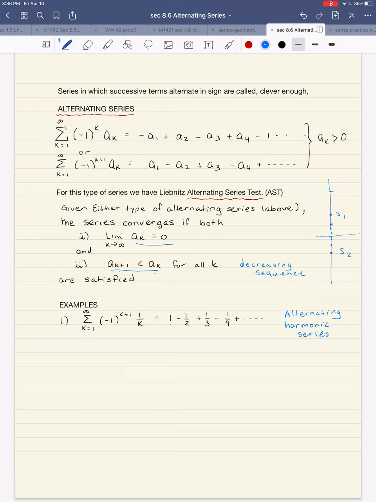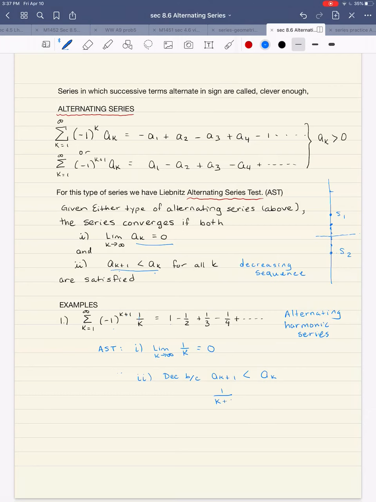If I do the two steps of the alternating series test, I take the first step, make sure that the non-alternating term goes to 0 as k goes to infinity, and this one clearly does. Then I have to show that it's decreasing. So I take my AK plus 1 term, and I compare it to my AK term, and I need it to be smaller.